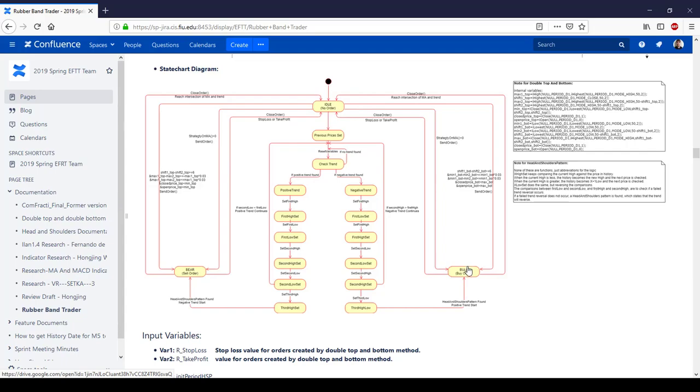The moving average and double top and double bottom look simpler when you just look at how many states there are, but they do have more code in each part, as seen here and here. While head and shoulders has a lot more states, it's because there aren't any function calls and it's pretty much working off of pure variable logic. Pure variable and logical branches.